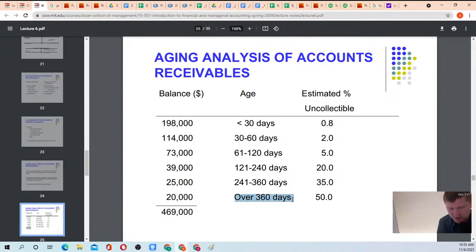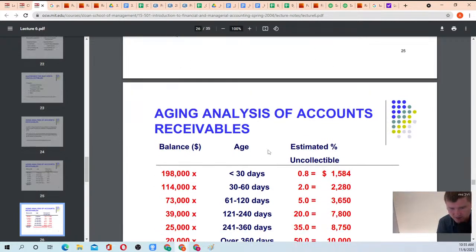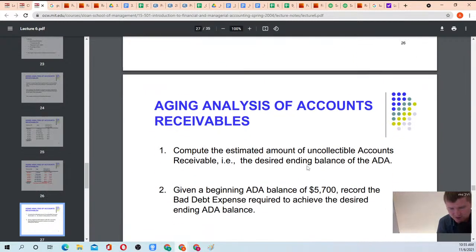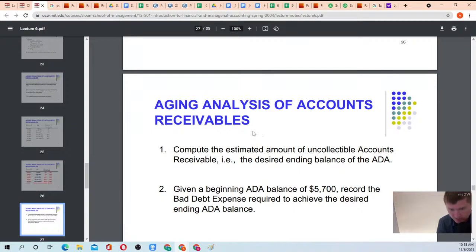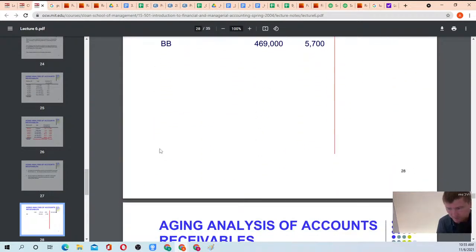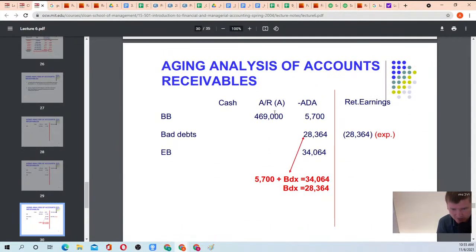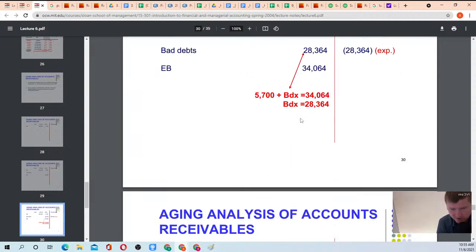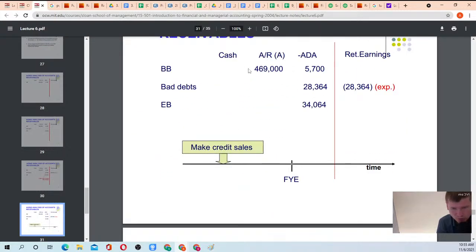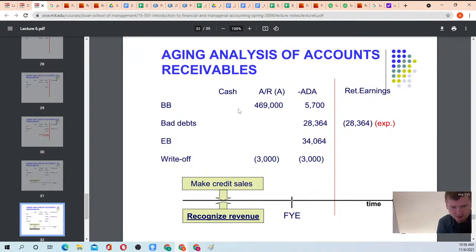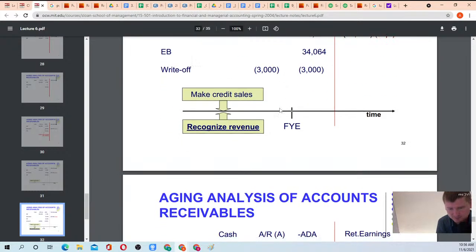And if it's more than a year old, you expect 50% not to be collected. And based on that, you can make an estimate that your total expected uncollectible is 34,000. Basically here you can do that based on self-study. You can look at how one can estimate the provision for their accounts receivable. We will do something in the practice around that.